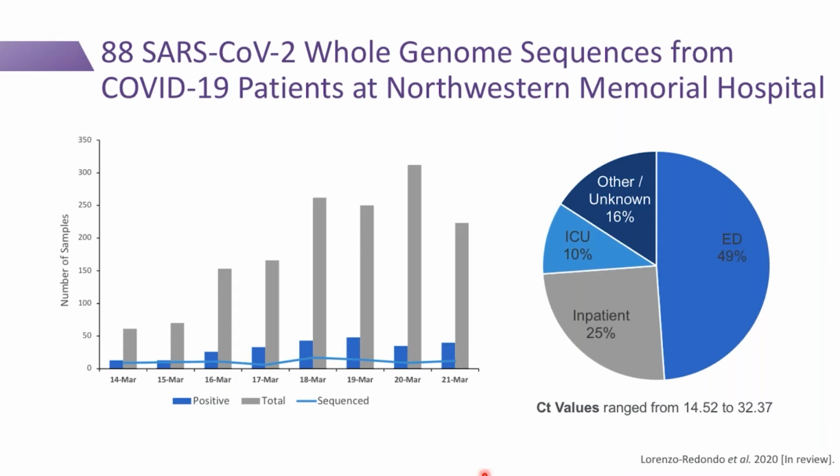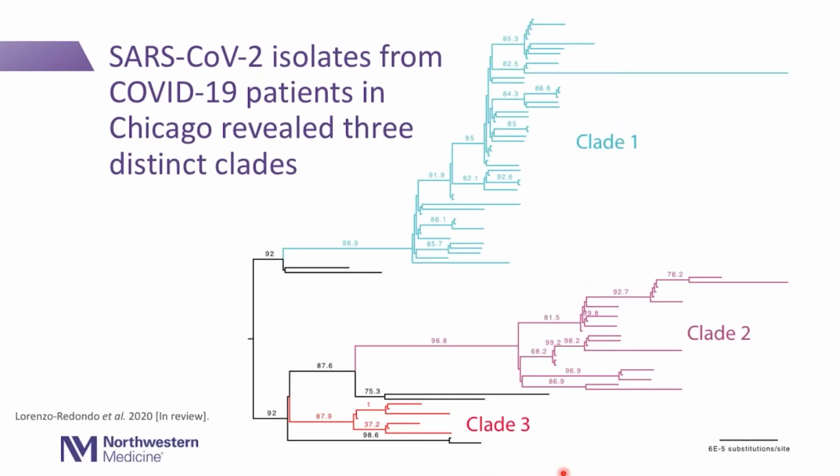When we looked at these sequences and compared how similar they were to one another, we could get an initial phylogenetic tree. And when we looked at the phylogenetics, we quickly realized that there were roughly 3 predominant clades circulating in the Chicago area at this point in March. We assigned them clade numbers based on the size of the clades at the time that we did the sequencing.